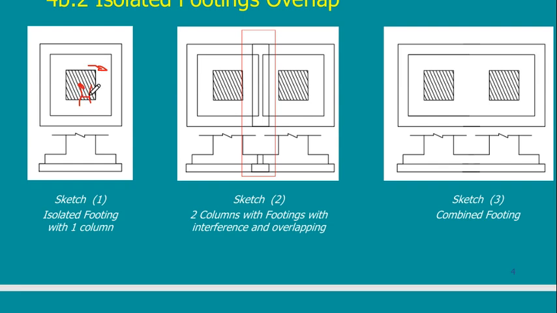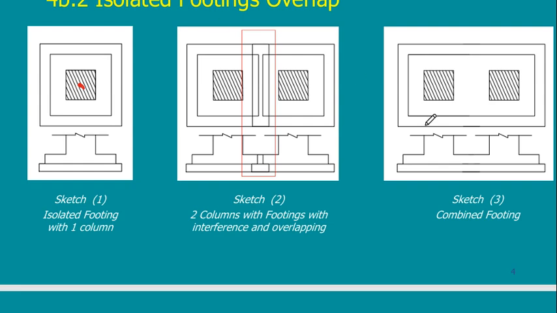This eccentricity will result in a moment in this direction. So I always have to check that I have zero eccentricity. The CG of the column is the same as the CG of the footing.